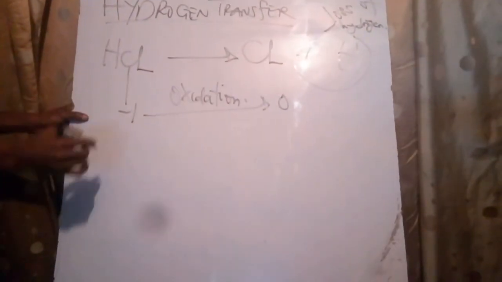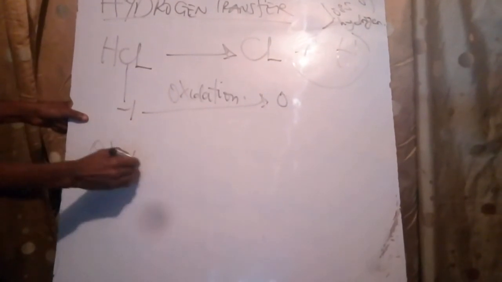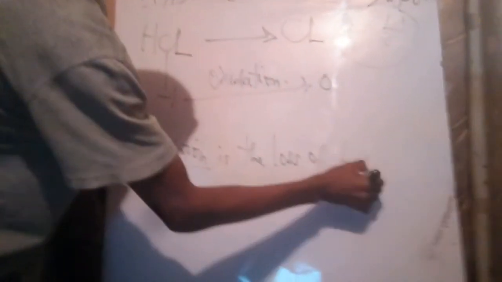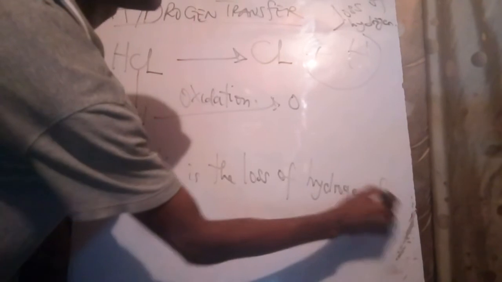oxidation. So we can now conclude that oxidation here, or this increase in oxidation number, is the loss of hydrogen from a species.